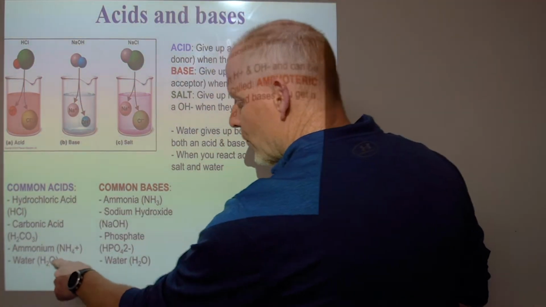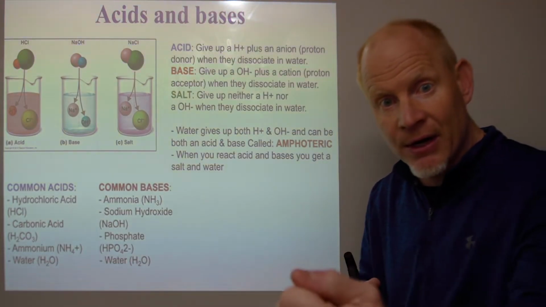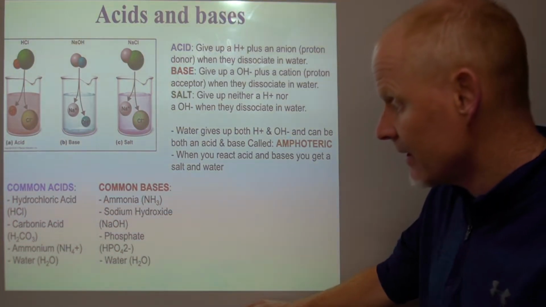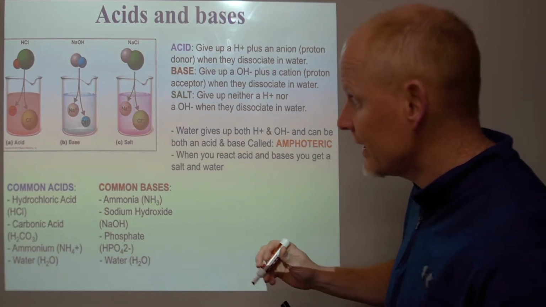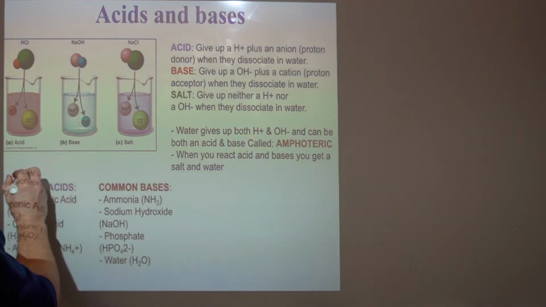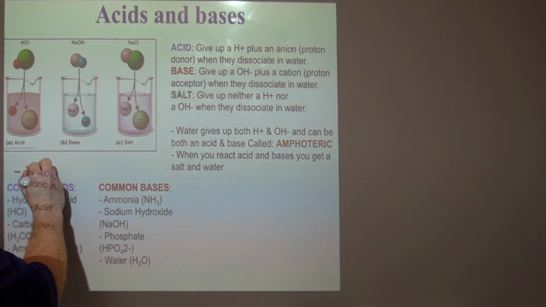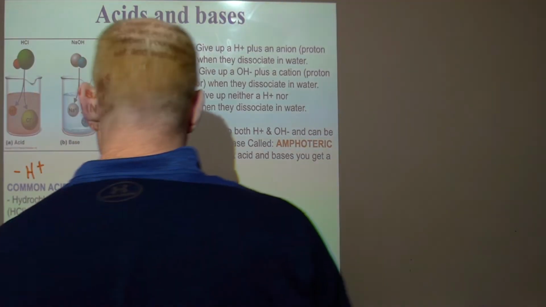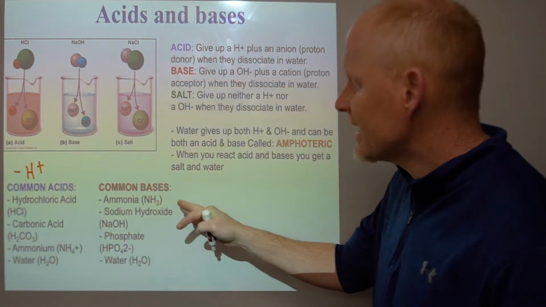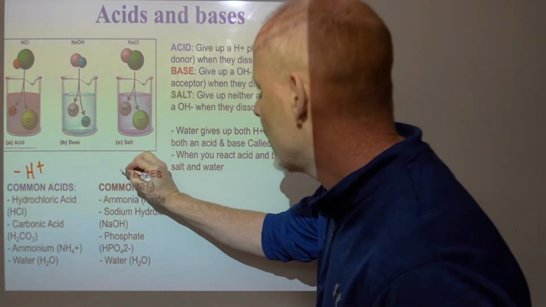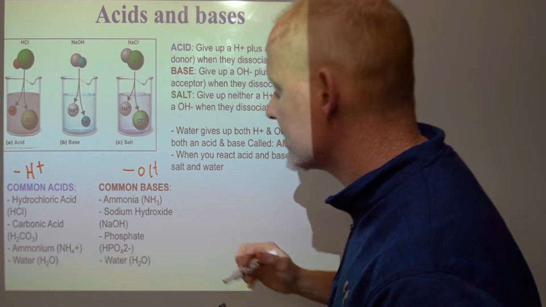And water can give up a proton, we just talked about it. It can break down into hydroxide and protons, right? So acids add protons to solution. Bases can either absorb protons or add hydroxide groups, right?